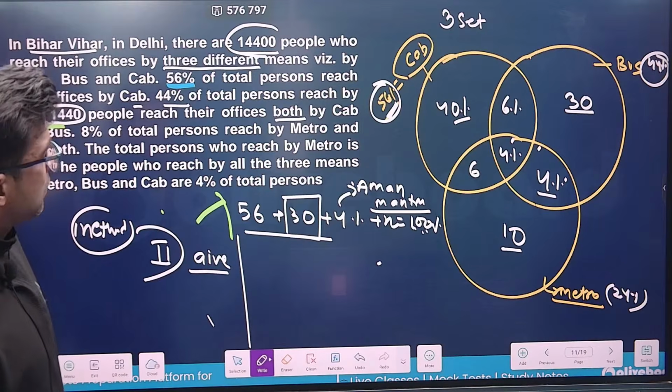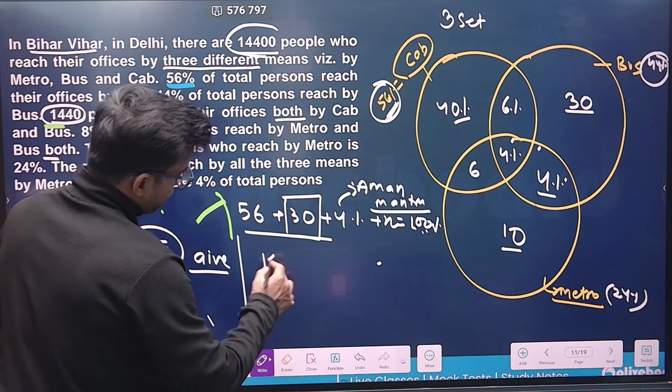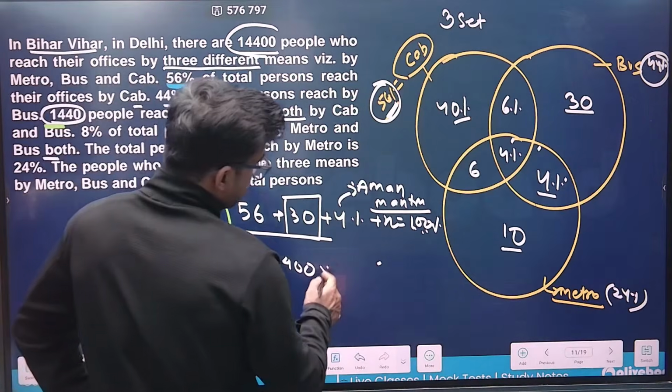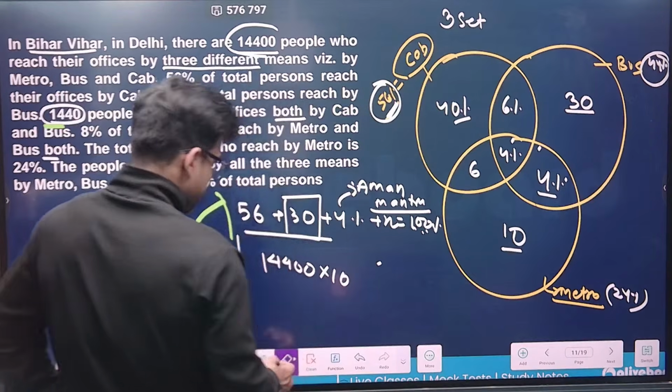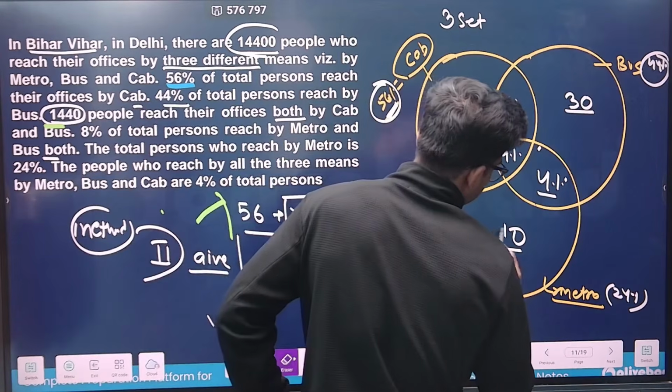If I write down this number, the total is 14400. What is 10% of this? Let me erase the other part also. Erase this.